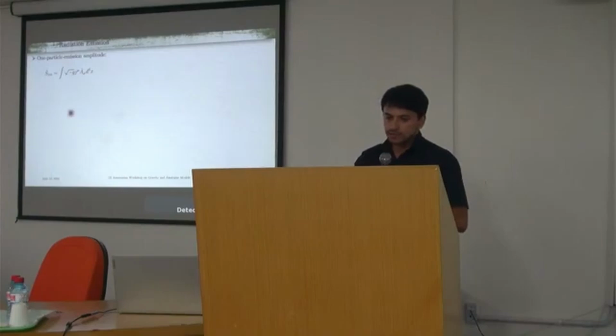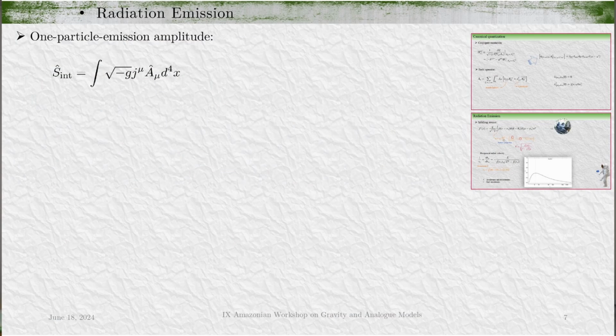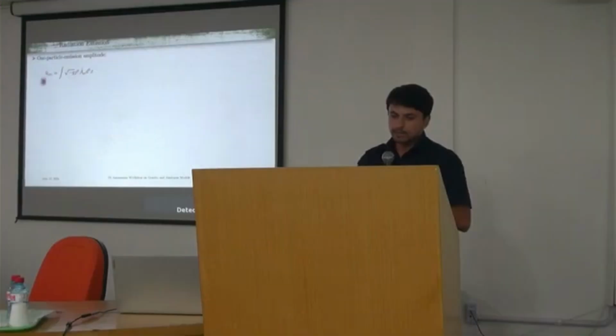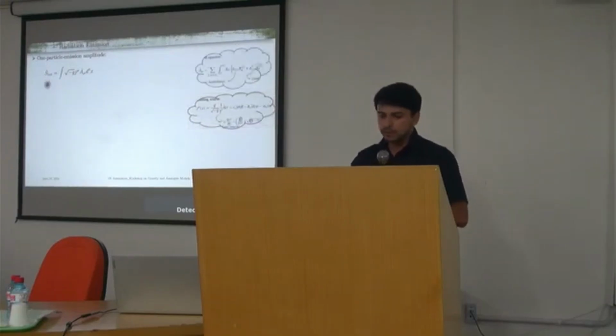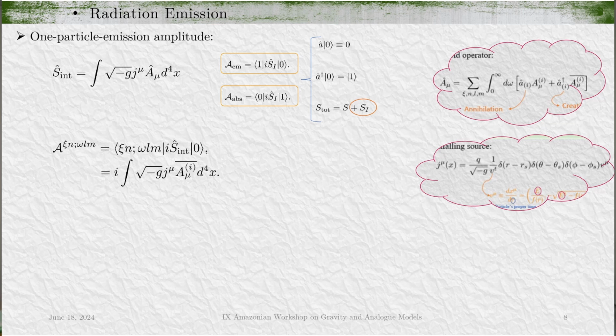Once we have the quantum field and the classical current, we couple them into this interaction action term, which we add to the action, and this will give rise, for example, to the emission amplitude or absorption amplitude and so on.